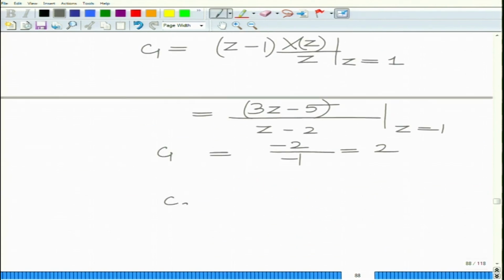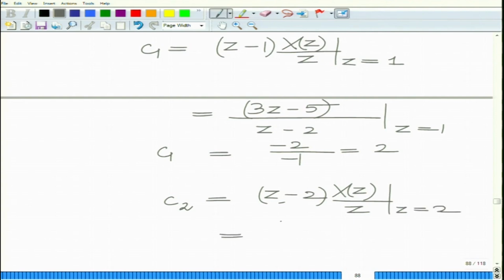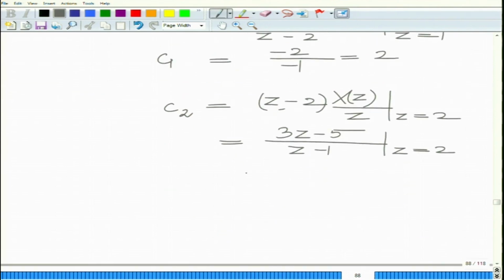and similarly we have C2 equals (z minus 2) into X(z) over z evaluated at z equal to 2. So, this is your (3z minus 5) divided by (z minus 1) evaluated at z equal to 2. So, this is basically 1 divided by 1 equals 1.